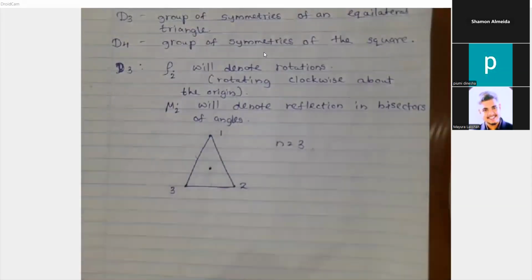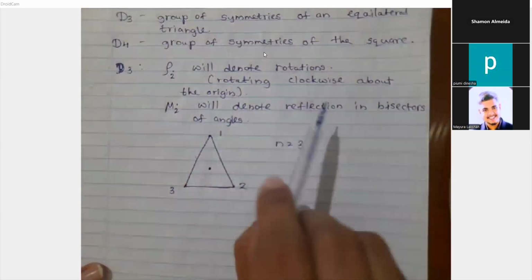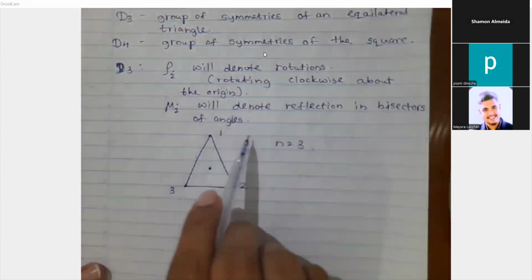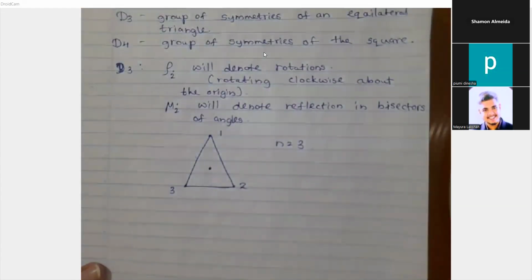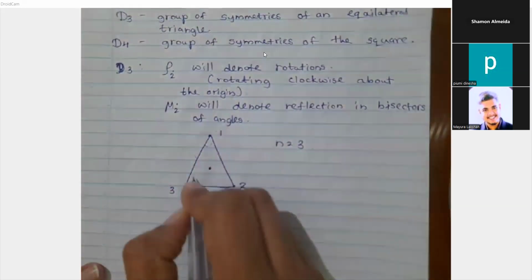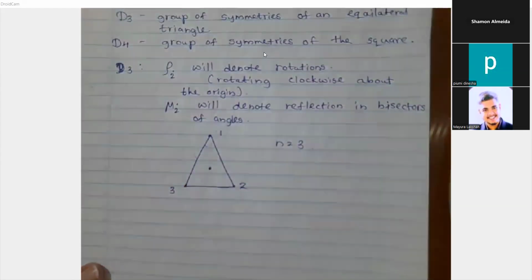Right? And how do we take the reflections? We take reflections in bisectors of angles. In other words, that is a line of symmetry, right? How do we bisect this angle over here? Those angles are of the same size.